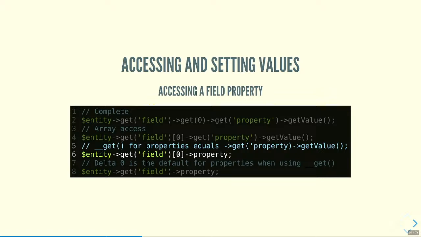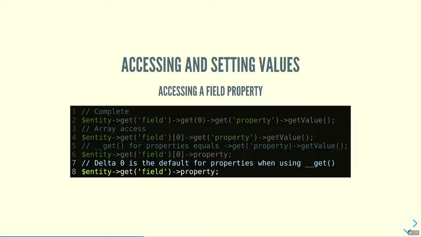So you can access the property, which is the same as get property, get value. And the delta 0 is the default. So the shortest version that you can go with is basically this: get the field, get the property, which gives you the value of the first item. Many fields don't only have a single delta.